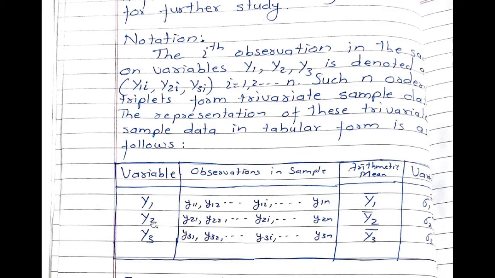For variable y2, the observations in the sample are y21, y22, y2i up to y2n. The sample mean is y2 bar and the sample variance is sigma 2 square. Similarly, y3 is the variable. Observations in the sample are y31, y32, y3i up to y3n. The sample mean is y3 bar and the sample variance is sigma 3 square.